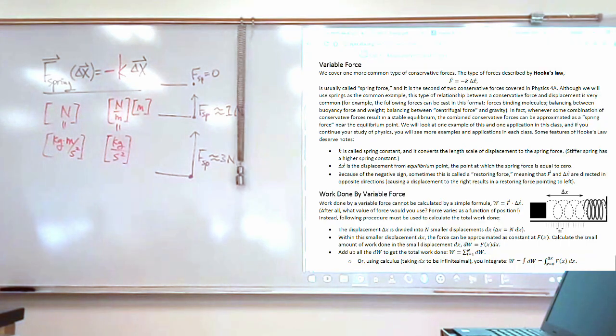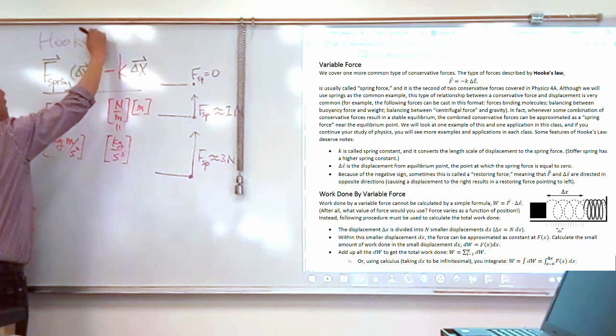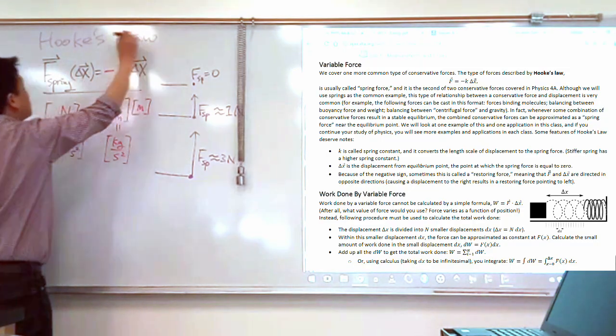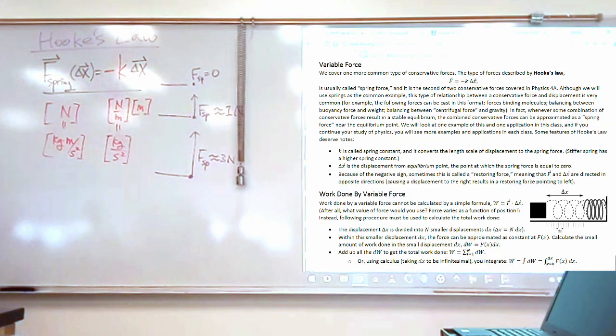This is something you might have seen in other physics classes before. If you remember the name Hooke's law, this is what it is, because a guy named Robert Hooke, who lived at the same time as Newton, was the one who came up with it.